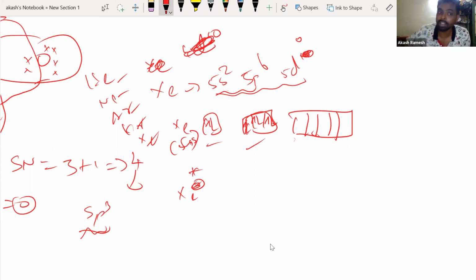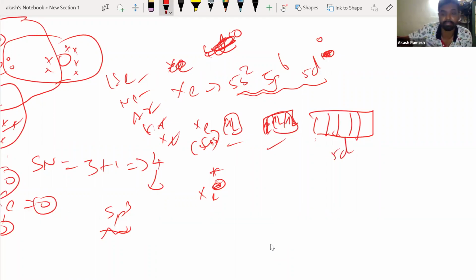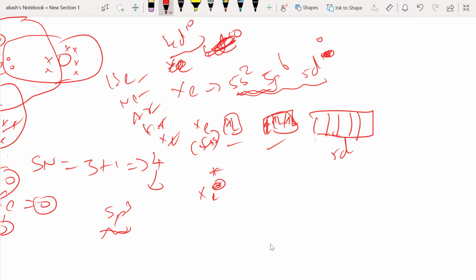Sir, here can the electrons go from 5s or 5p to 4d? No, it'll go to 5d. 4d10 is already filled before this. Okay, understood.